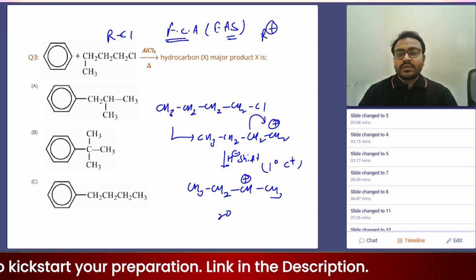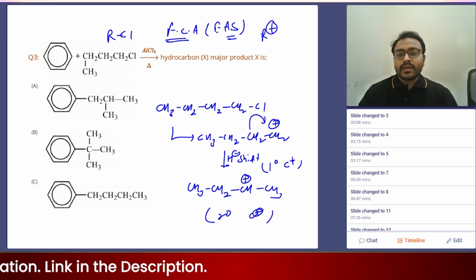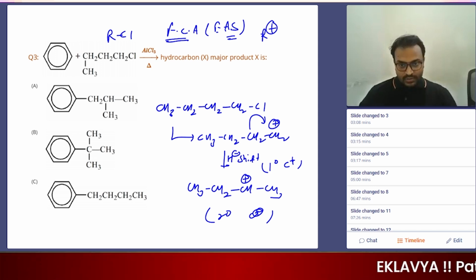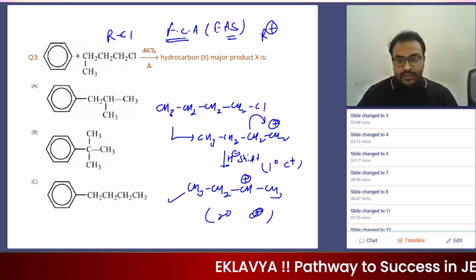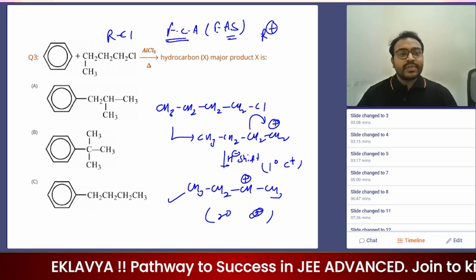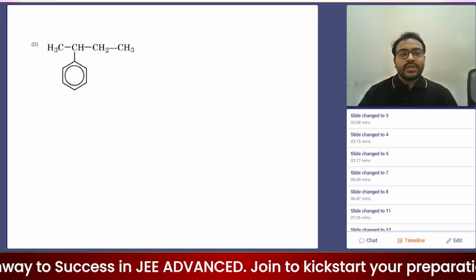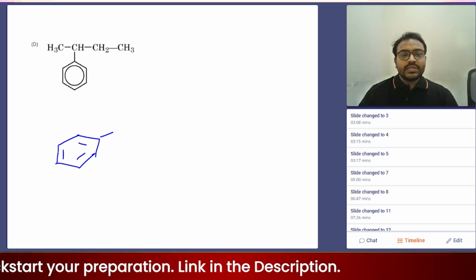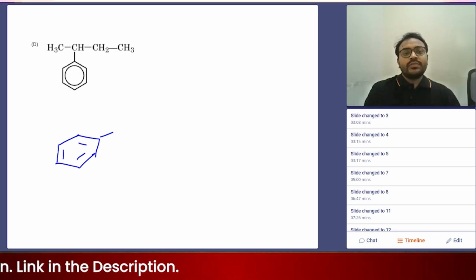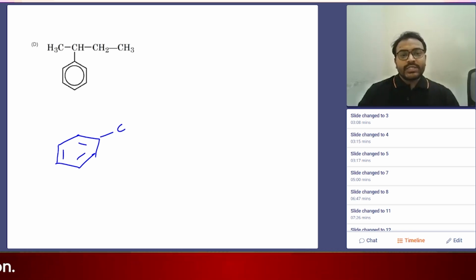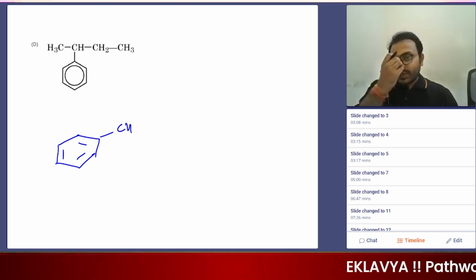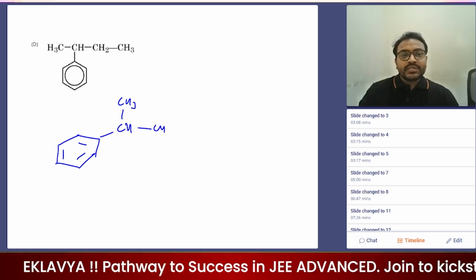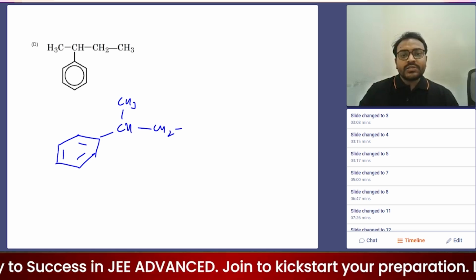Now we get a 2 degree carbocation, and we know that a 2 degree carbocation is more stable than a 1 degree carbocation. So this carbocation now is going to react with the benzene ring, and the product would be this one. The benzene ring is attached with this carbon, which has the positive charge, the 2 degree carbon, and this carbon is attached with one CH3 group, and the rest is CH2.